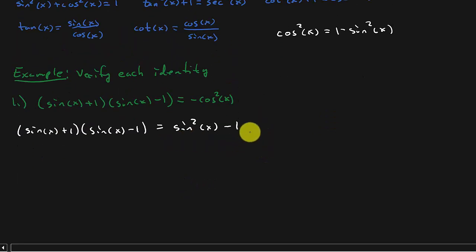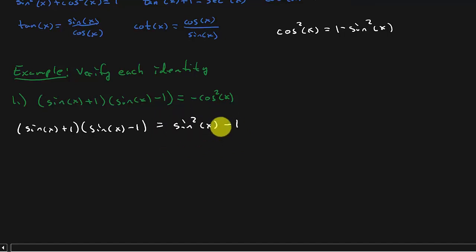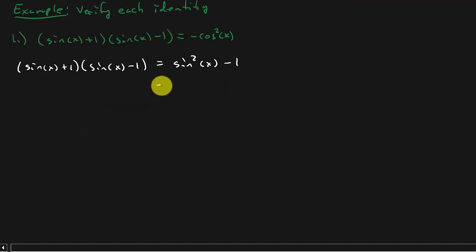So how can I change the signs in front of each term? Well, I can factor out a negative. That's going to give me negative sine squared x plus 1, and let's just rewrite it with the 1 first.